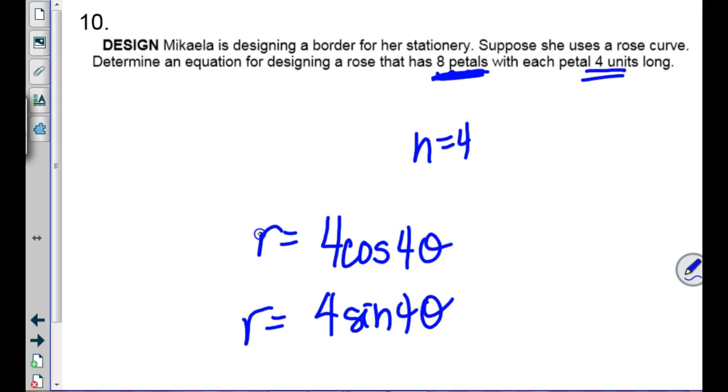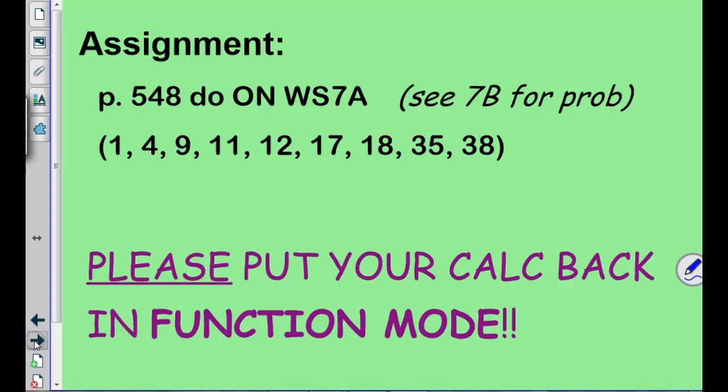Does that work? Do they both work? Yes? Okay. All right, either one of those would have worked for her. I'm not going to ask you that question on a quiz, by the way.